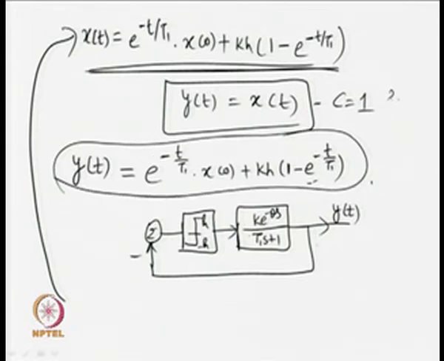Suppose for particular values of k, θ, T1 and h, we get some typical waveform of this form. Then this waveform is basically the result of a plot of this function at different instants of time. This is the time axis, this is our y(t).